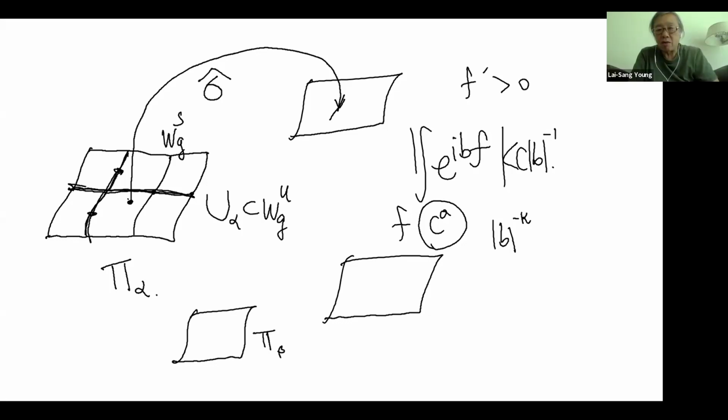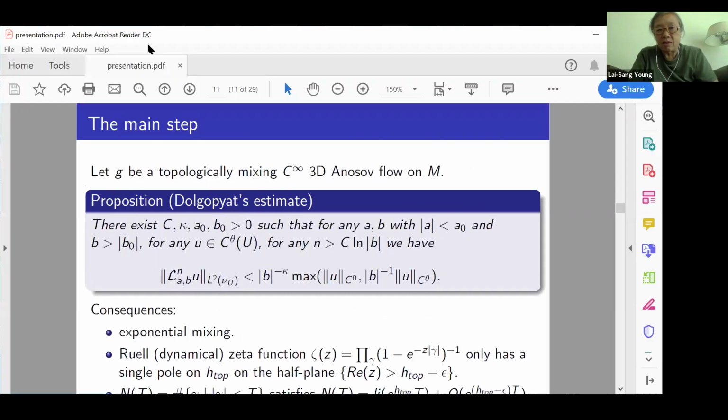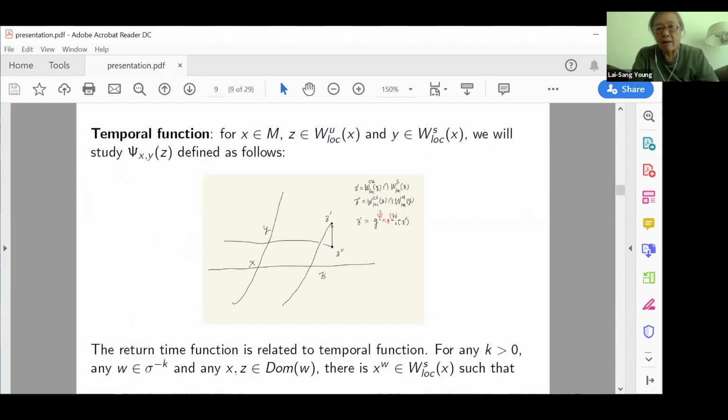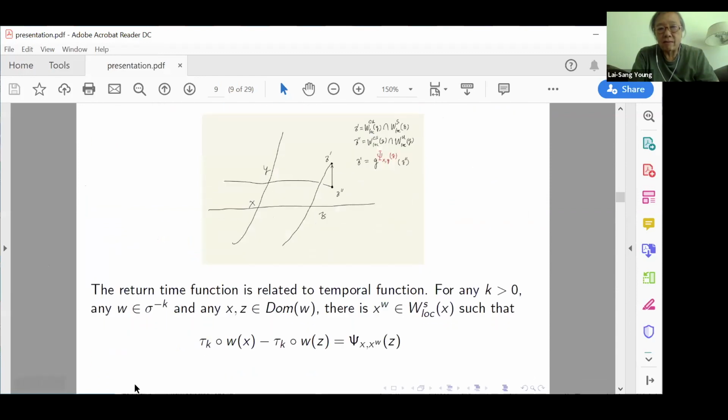Yeah. But how is this related to this gap that you mentioned? There were two things that you said there, right? So this gap. Yeah. Because you see, this is the difference of two temporal functions.